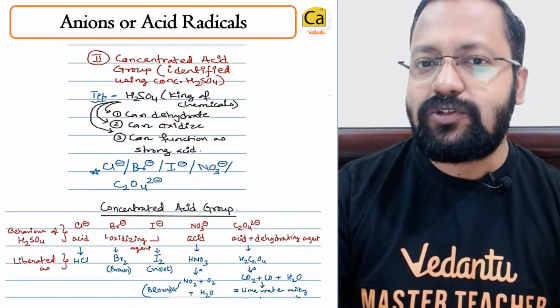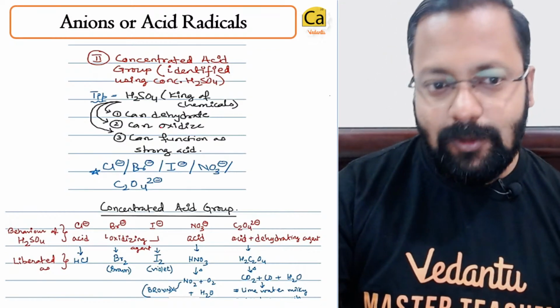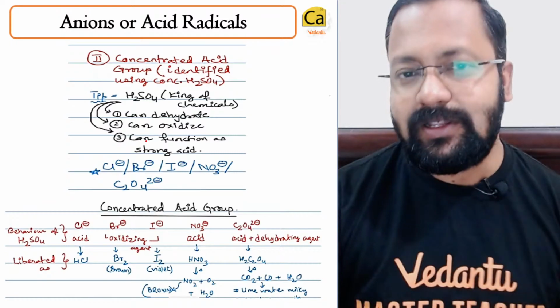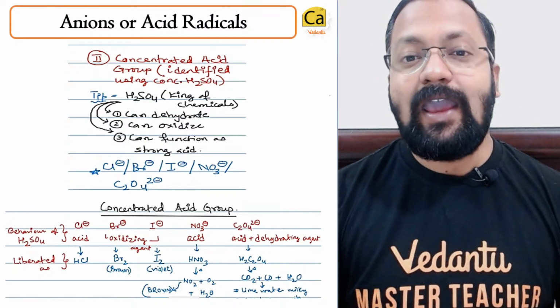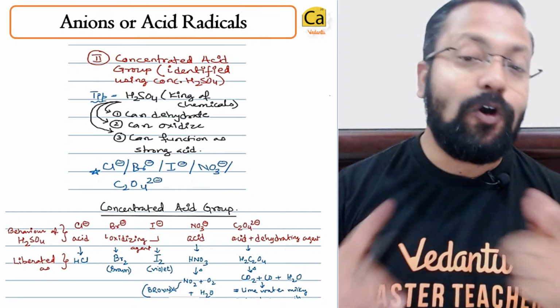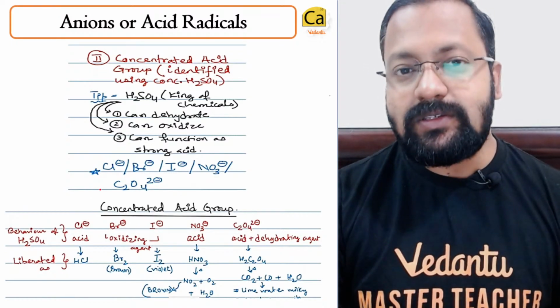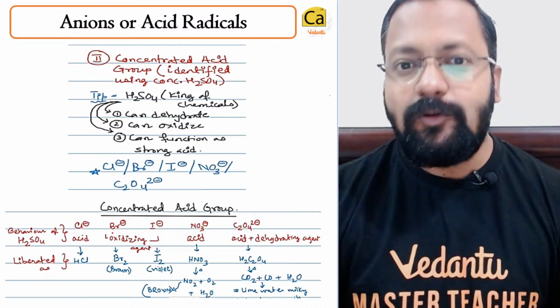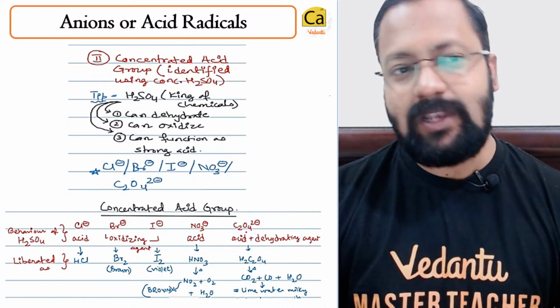Because concentrated H2SO4 can function in three different ways. Okay, वो तीन different चीजें कर सकते हैं. It can act as a strong acid, it can perform oxidation, it can also perform dehydration. The anions that we include in this are chloride, bromide, iodide, nitrate, and oxalate.